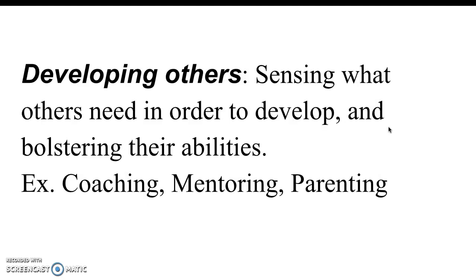Finally, developing others is the third capability of social awareness, sensing what others need in order to grow. Dr. Goleman writes, quote, that family life is our first school of emotional learning. In this intimate cauldron, we learn how to feel about ourselves and how adept others react to our feelings, how to think about these feelings and what choices we have in reacting, how to read emotions and express hopes and fears.